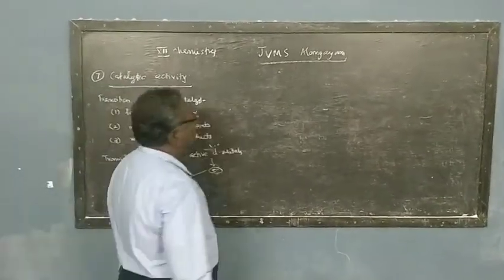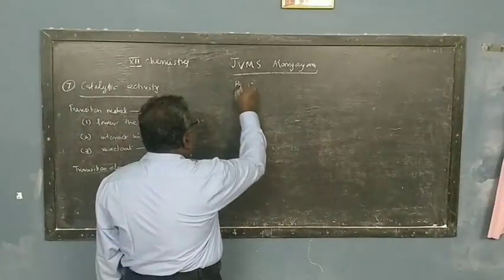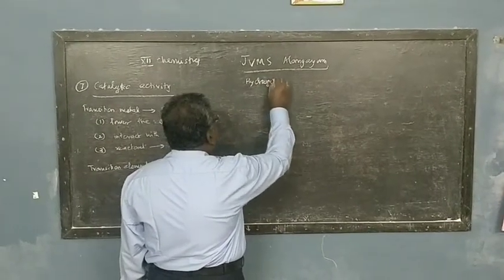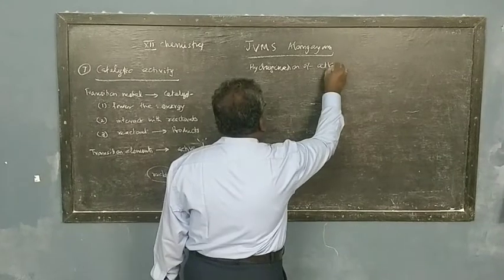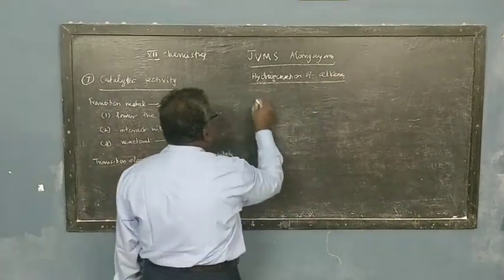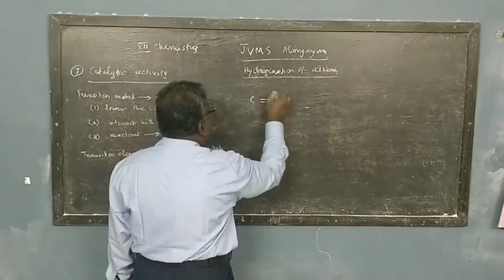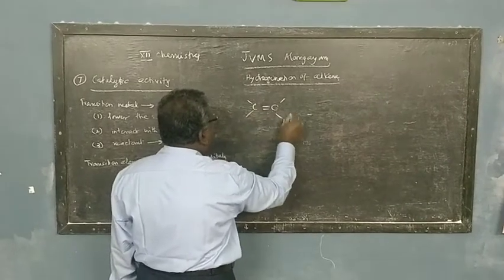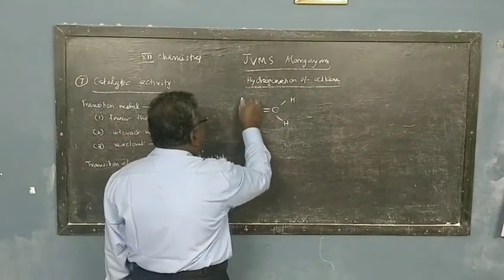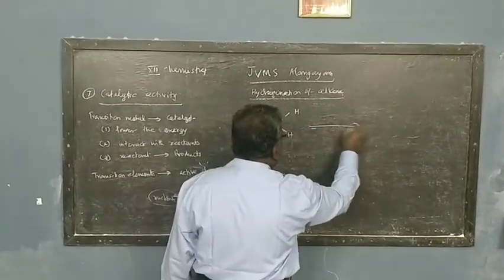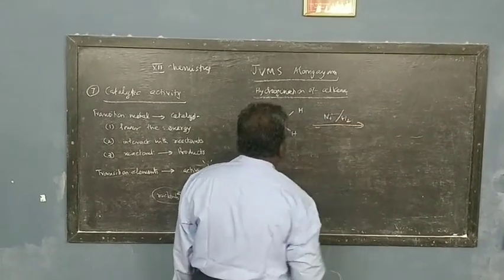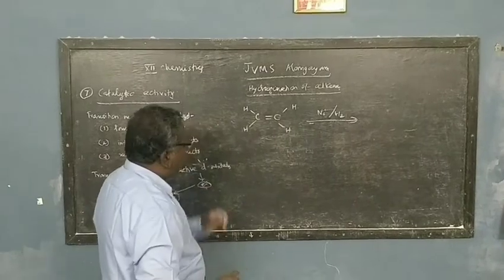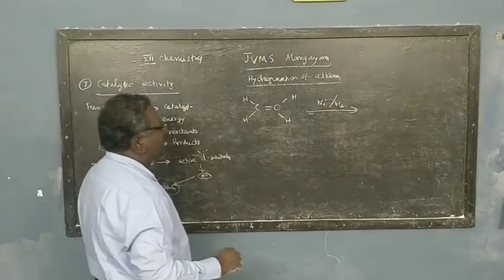For example, take the hydrogenation of ethylene, the hydrogenation of an alkene, right? This is the reaction. In the alkene we have the double bond, and this reacts with hydrogen in the presence of a nickel catalyst. What is the reaction that is taking place?